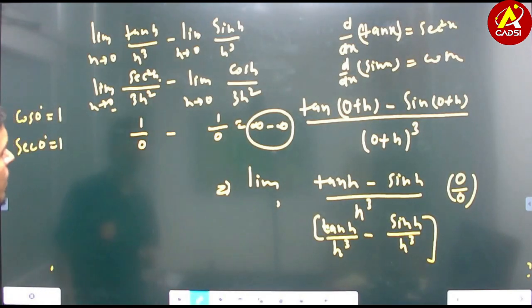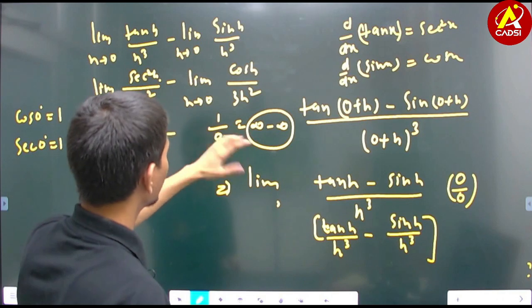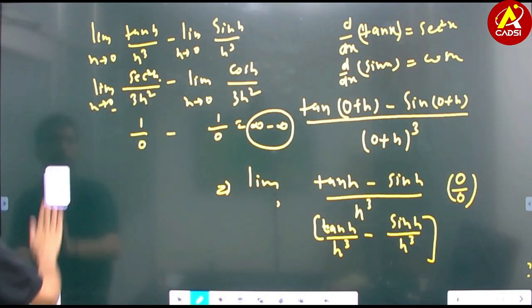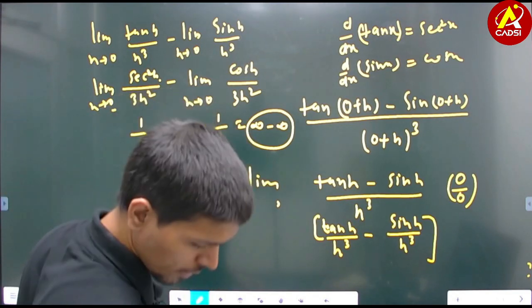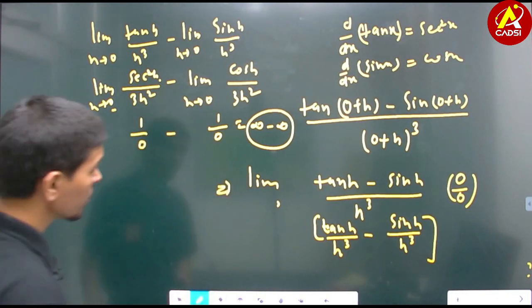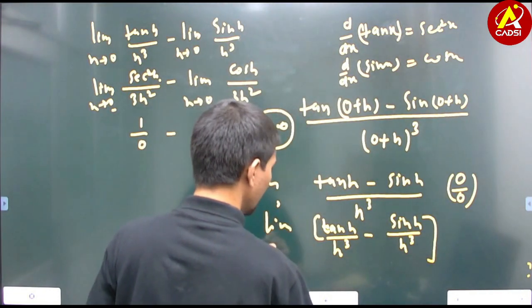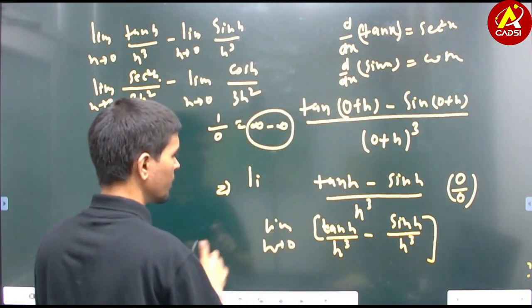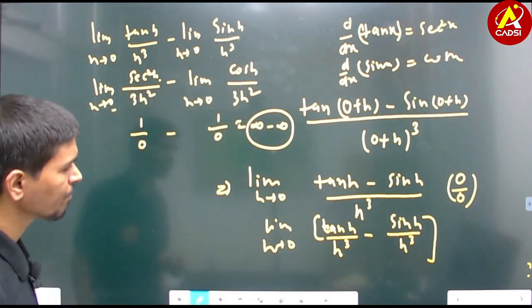We have seen the form infinity minus infinity in this question, and here with x cube, we can say the limit h tending to 0.